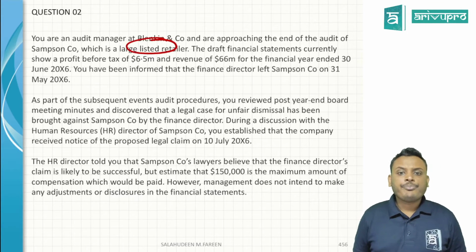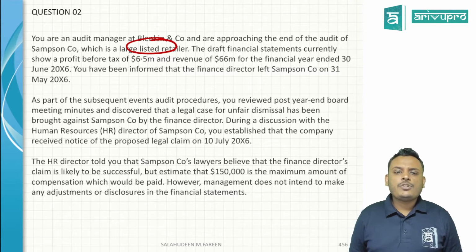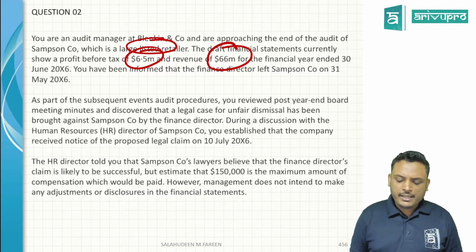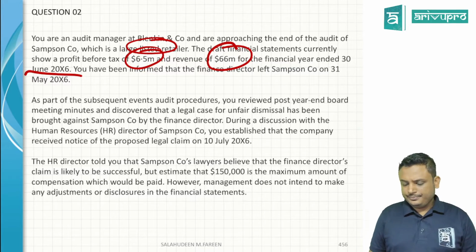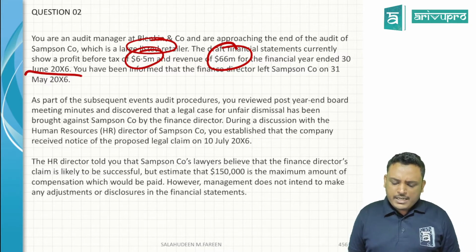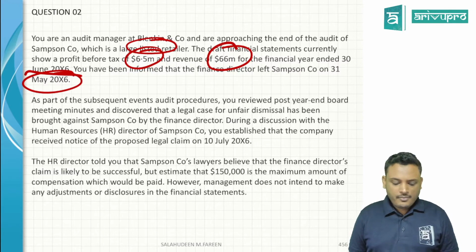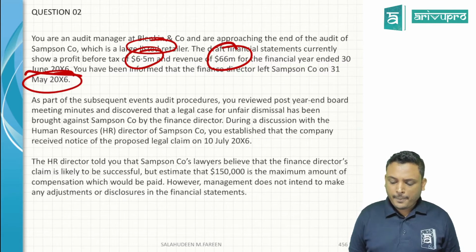The company is listed. The draft financial statements show a profit before tax of 6.5 million and revenue of 66 million for the financial year ended June 2006. You have been informed that the finance director left in May 2006. Before the year end or after the year end?